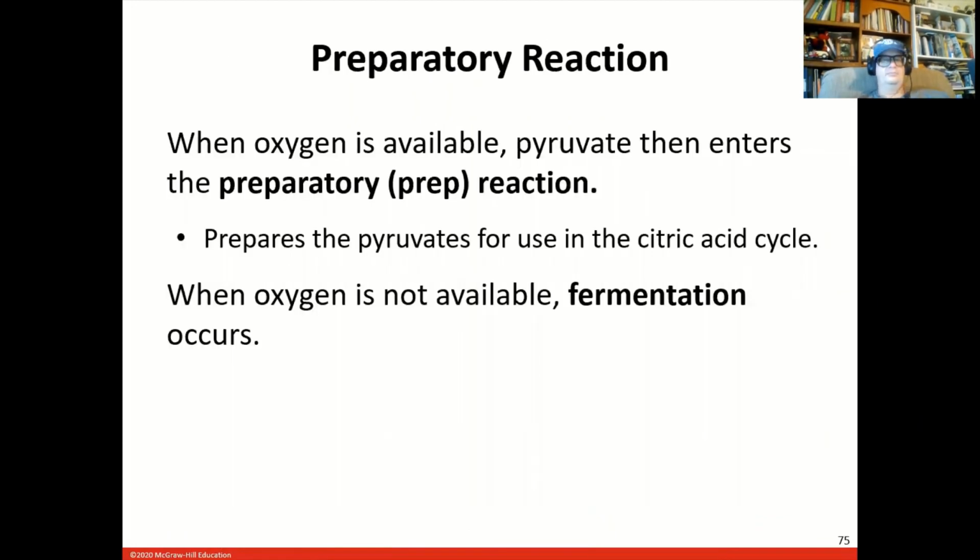All right. So when we have oxygen, the pyruvate is going to be modified into acetyl groups that we use for acetyl-CoA. We keep reusing the coenzyme A as it carries acetyl groups. If we don't have oxygen, we will do fermentation.